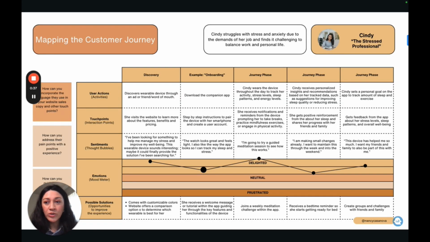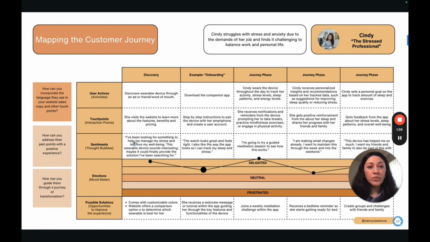Now what we want to do is map this journey. As we think about this, we know a couple of details about Cindy. Our persona is the stressed professional, and we know she struggles with stress and anxiety because of the high demands of her work and job, and she finds it really hard to balance personal life and work-life balance and incorporate wellness into her routine.